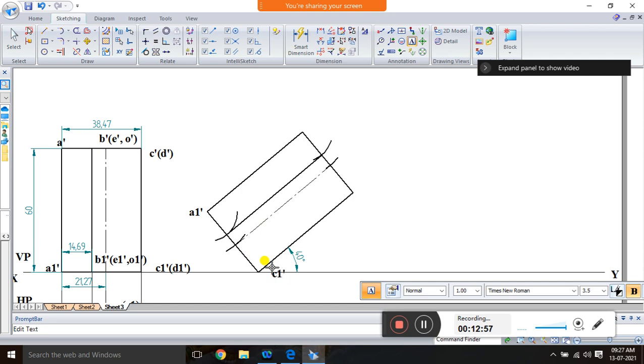C1 dash visible and D1 dash not visible, and here the same thing, B1 dash visible and E1 dash not visible, O1 dash is also not visible, and here C dash visible, D dash not visible, and here A dash visible, and here B dash as well as E dash comma O dash not visible.